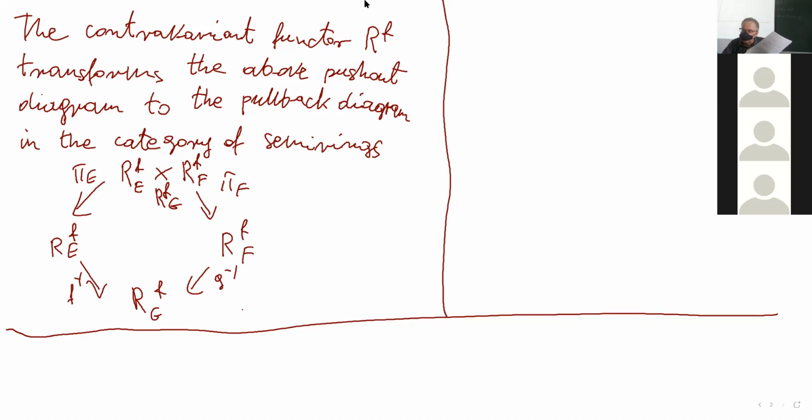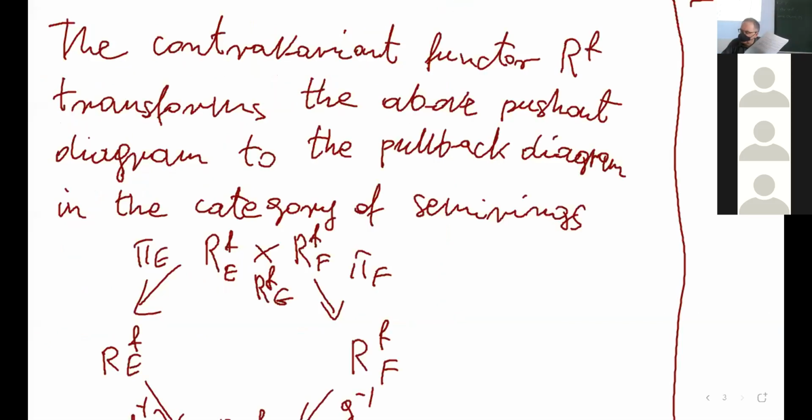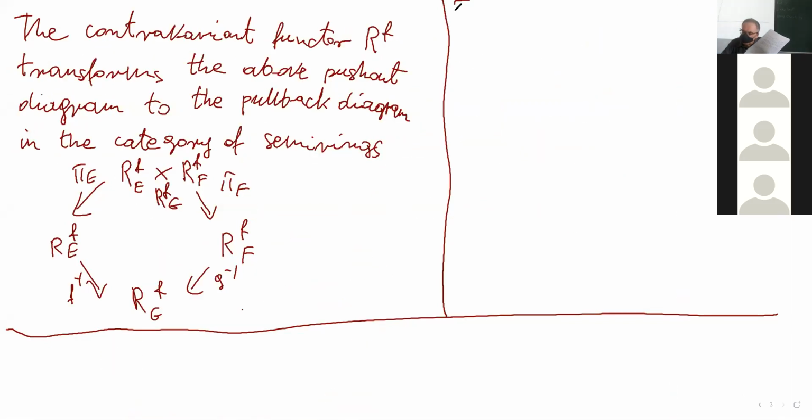So now I have the path algebraic side. Now I can write the contravariant functor of taking finitely supported maps.